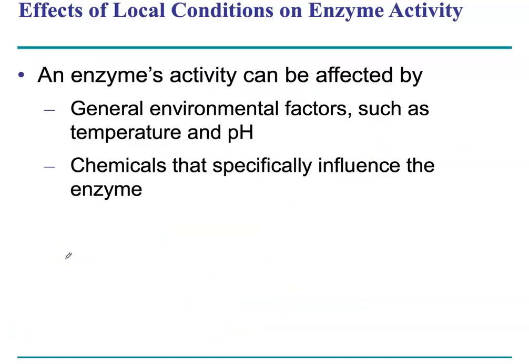Enzymes are proteins, so they are very much affected by environmental factors such as temperature as well as pH. When we talked about proteins, we talked about how if the temperature range or the pH range changes, proteins can very easily be denatured. They function best in a certain range.